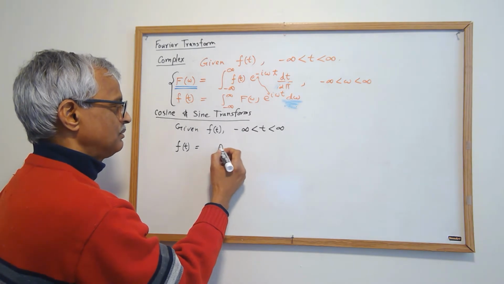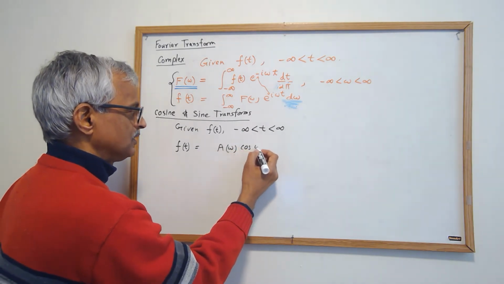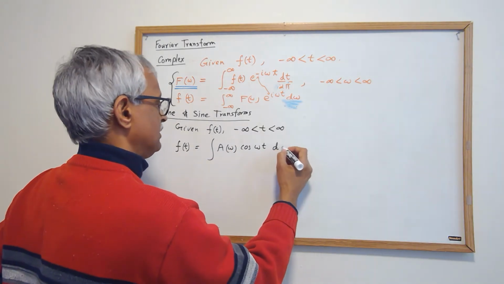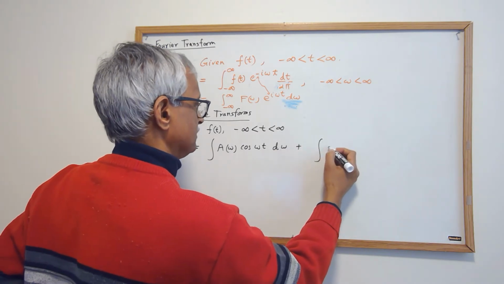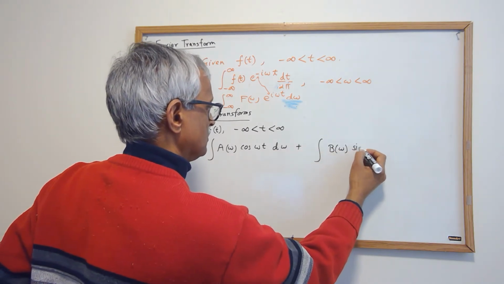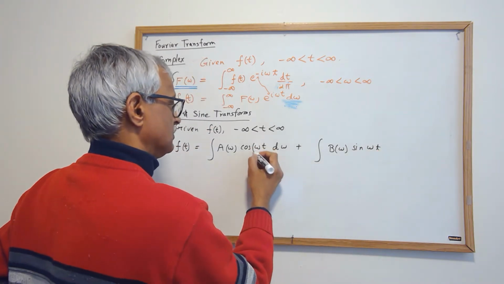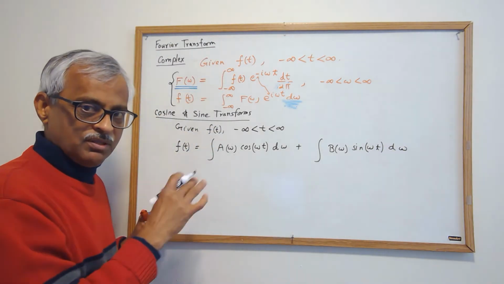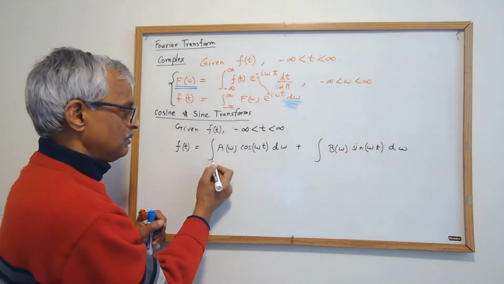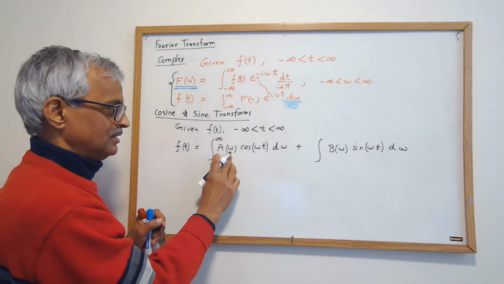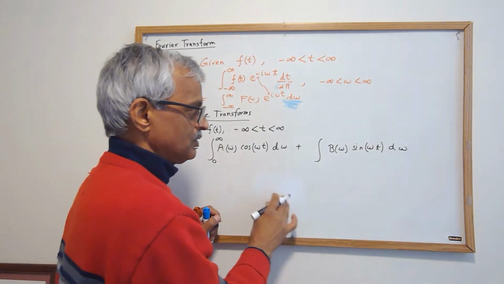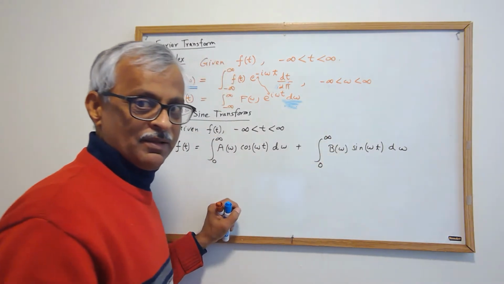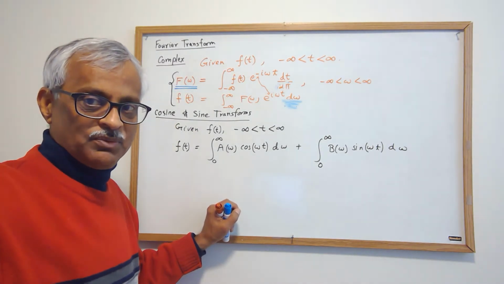So I will have something to go with cosine, and then I'll have something to go with sine. This mirrors the Fourier series, right? So I want to go from 0 to infinity. This omega, if I want to have a Fourier series, is going to go from 0 to infinity. And this will go from 0 to infinity. Okay, so let me pause for now.